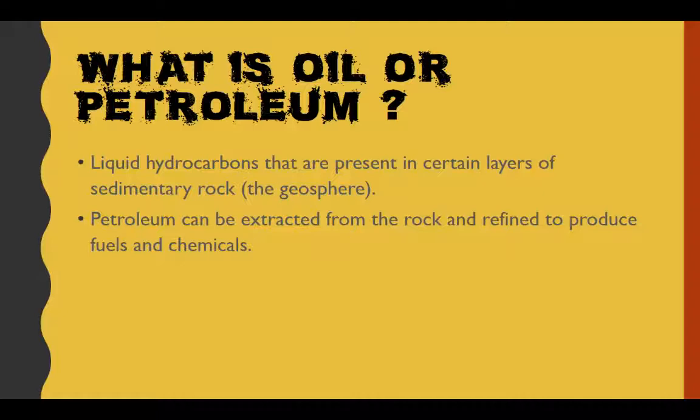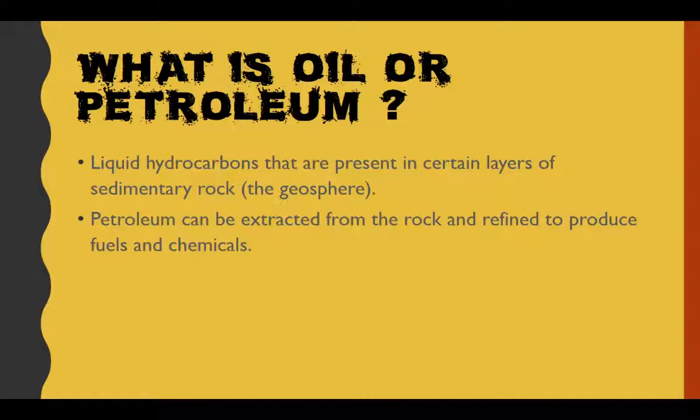And the remains of dead animals in particular, and plants, get compressed into what is going to form the hydrocarbons of oil or petroleum. So again, we're taking a look at carbon and hydrogen as the two primary elements, especially when we looked at lipids.